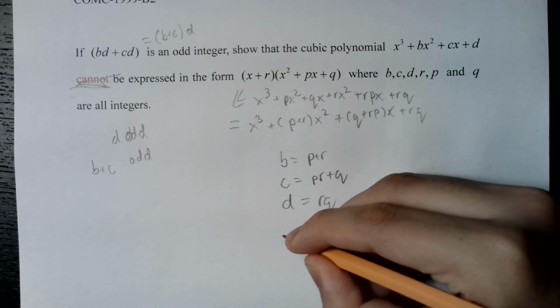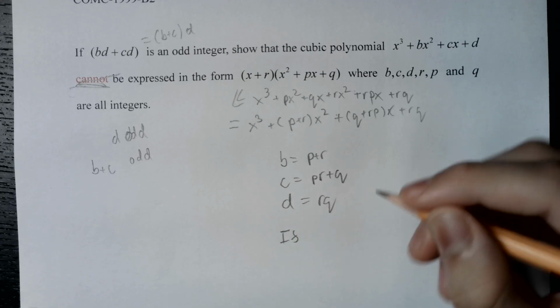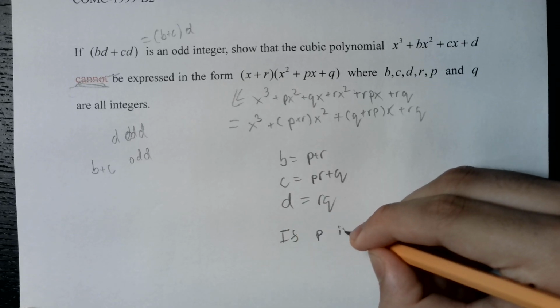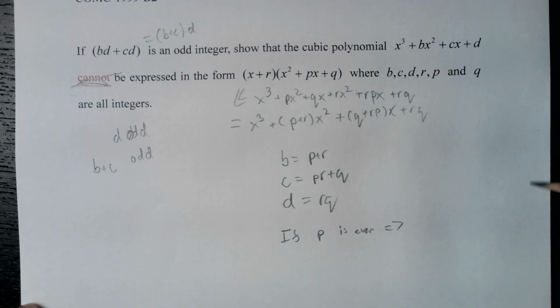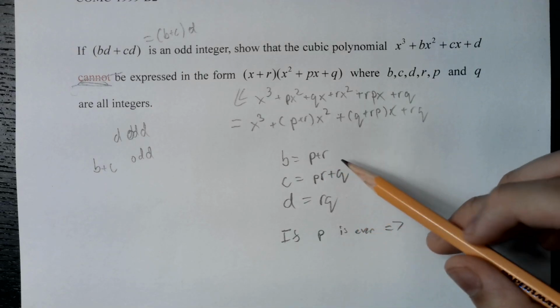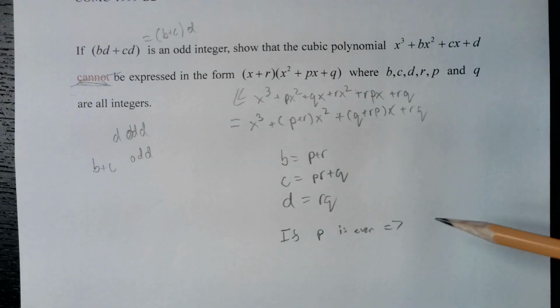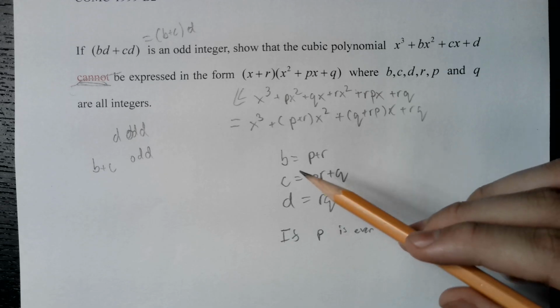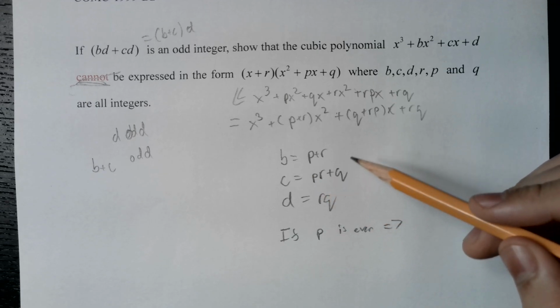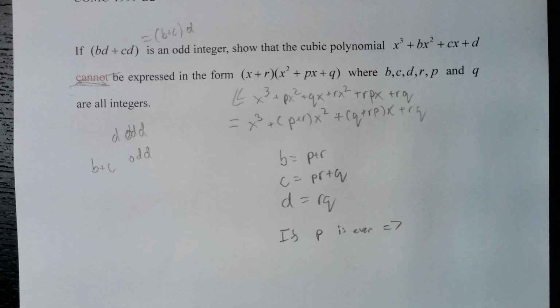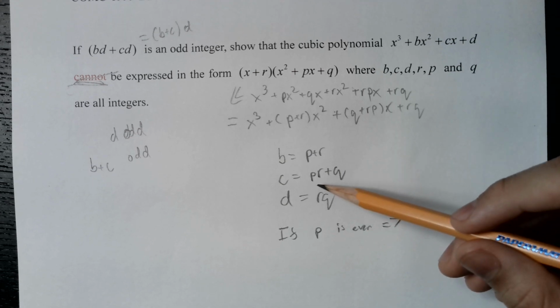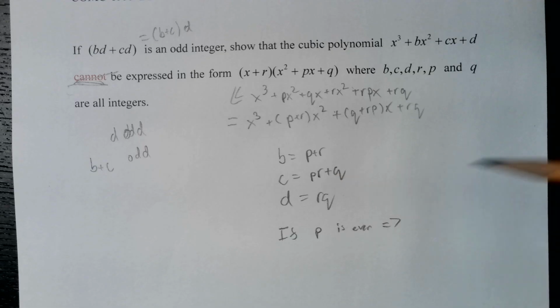Let's say p is even. If p is even, this means that, looking at p plus r, it would be an even plus an odd, which is going to be an odd integer, and down here, pr plus q. Now we know that an even integer times an odd integer is still going to be an even integer. So here, it would be an even number plus an odd number, which is an odd number.